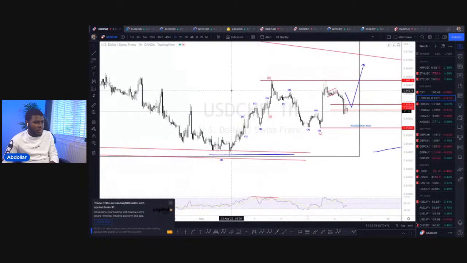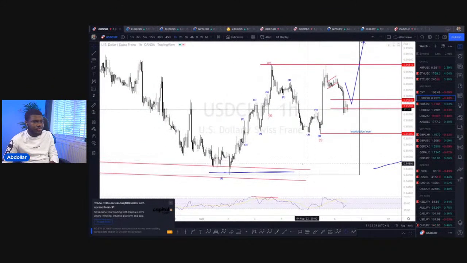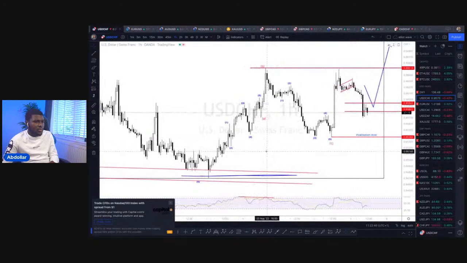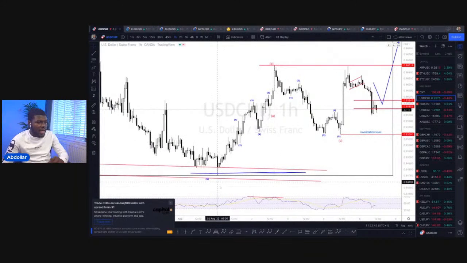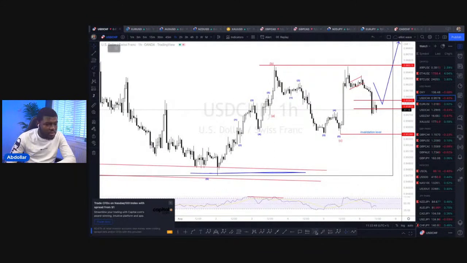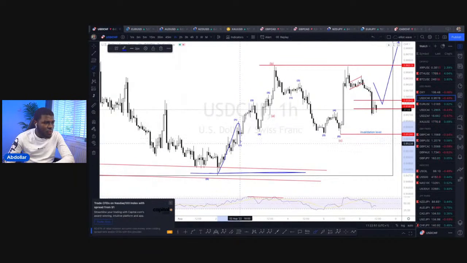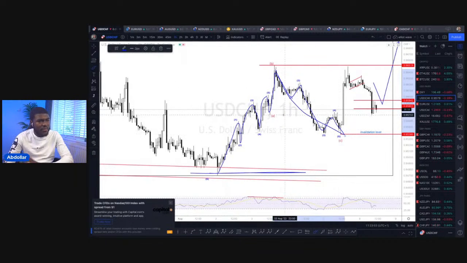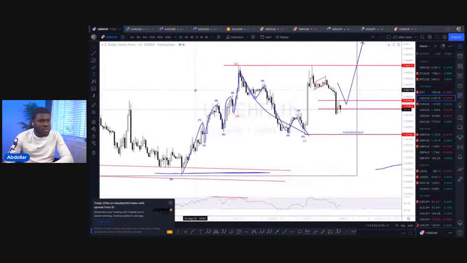Let's see. Here is the 1 hour time frame, guys. On the 1 hour time frame, what I think is going to be happening is a high possibility that this is wave 1, wave 2, wave 3, wave 4, and this is wave 5, and there may be a correction of 3, 3, 5, because this is an absolute 5 wave count. 1, 2, 3, 4, 5. That was the first possible scenario.